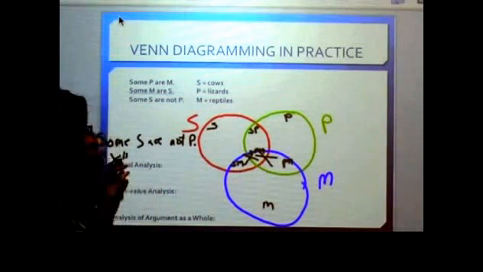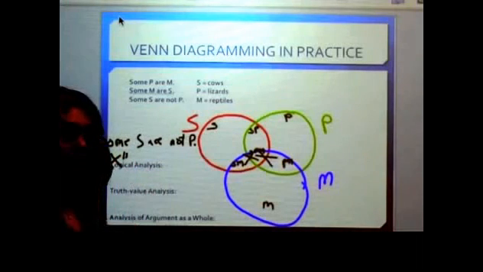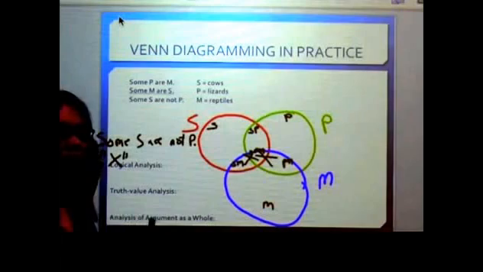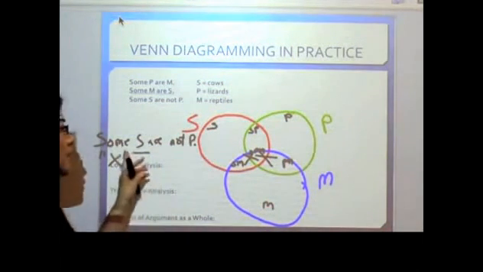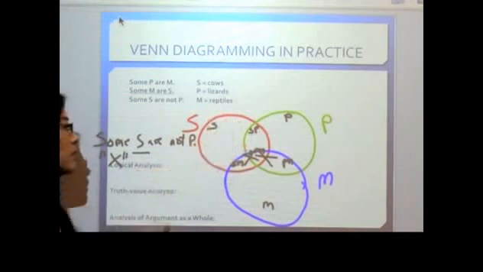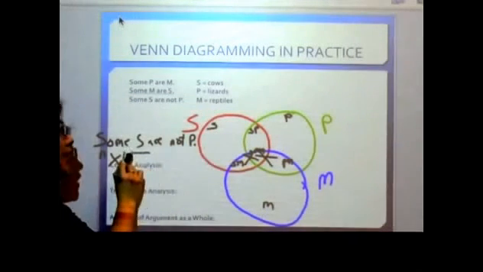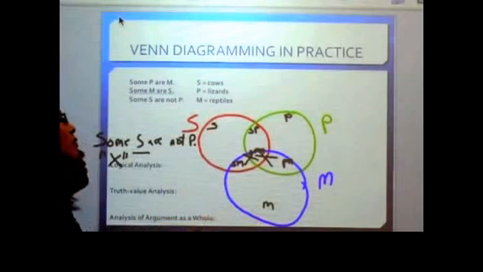Now remember, when you're looking at conclusions, you need to look for X's inside areas for particular statements. So we want to find an X inside the subject circle of this statement, which is now the S circle, where something is an S but not a P.